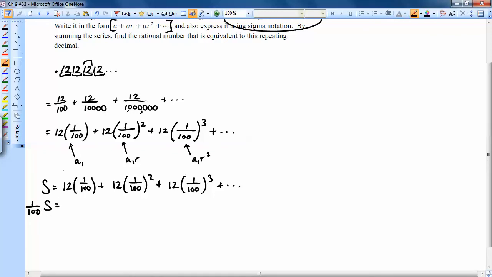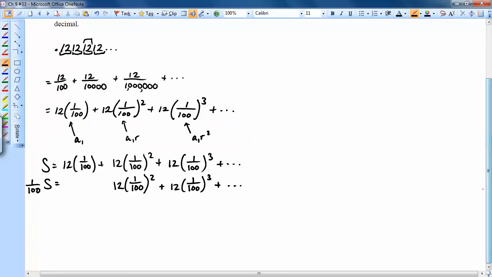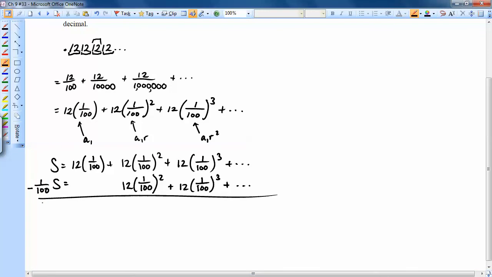And so instead of this first term here, 12 times 1 over 100, I multiply by another 1 over 100, and I get 12 times 1 over 100 squared. And then I take the next term here, and I multiply by 1 over 100, and I get this term, 1 over 100 cubed. And I just keep going, and I get all the rest of the terms in the infinite series.